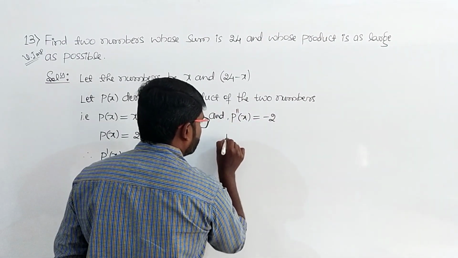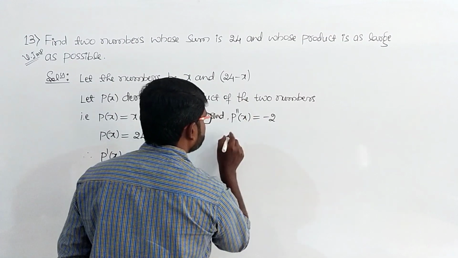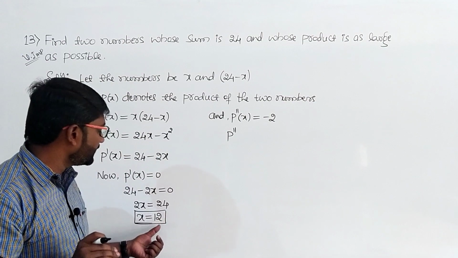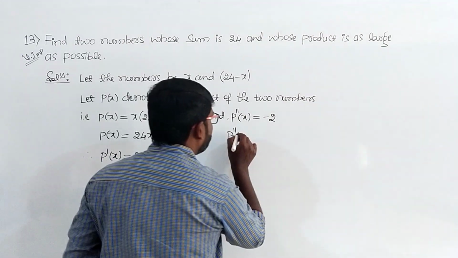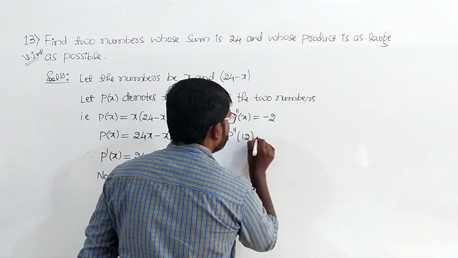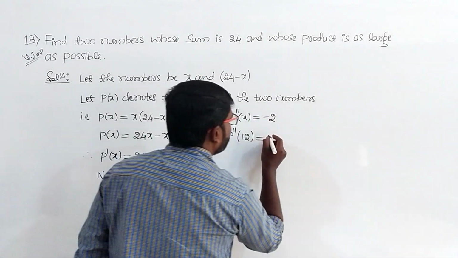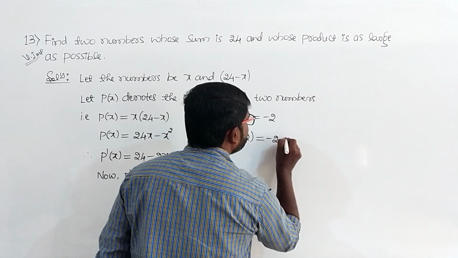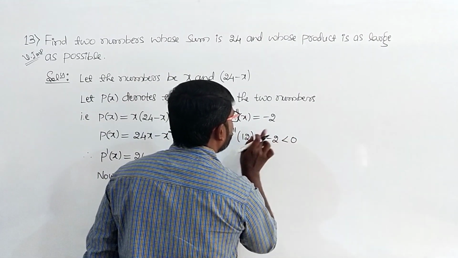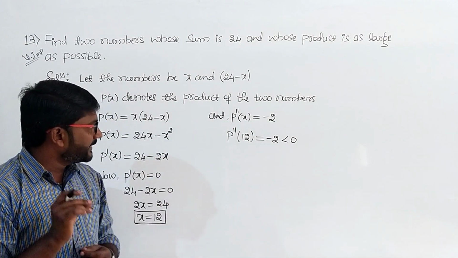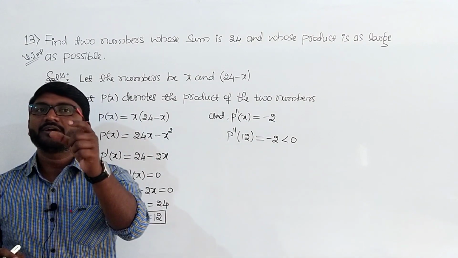Now P double dash of x, what is x here? It is 12. So P double dash of 12. Since you don't have any x term on the right hand side, this minus 2 remains as it is. Minus 2 is less than 0. Now by the second derivative test, x equal to 12 is the point of local maxima.